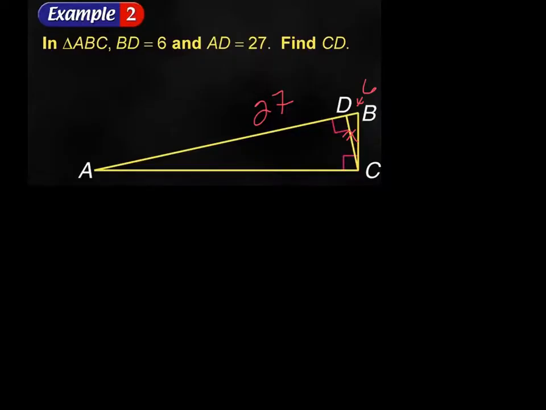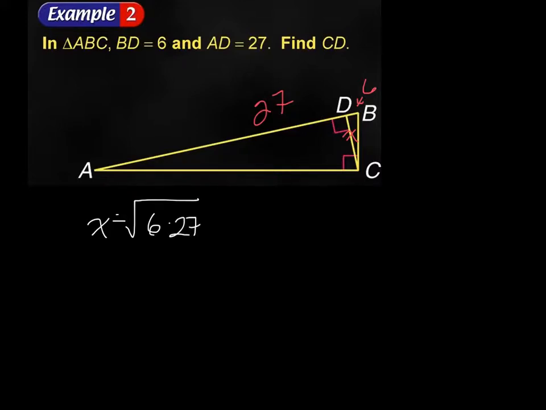In triangle ABC, BD is 6. They didn't give us much room on the diagram for that one. AD is 27. They want us to find CD. So all we have to do to find x is take the square root of 6 times 27.